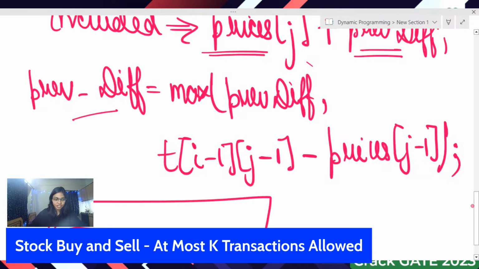Like, let us say this is the stock. Tell me what is the profit you will get when you sold it at C and bought it at A. What is the difference that you are going to get?